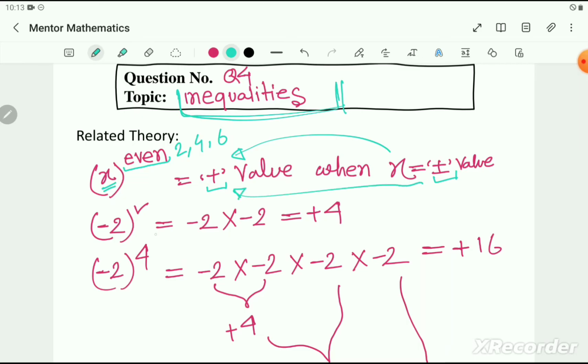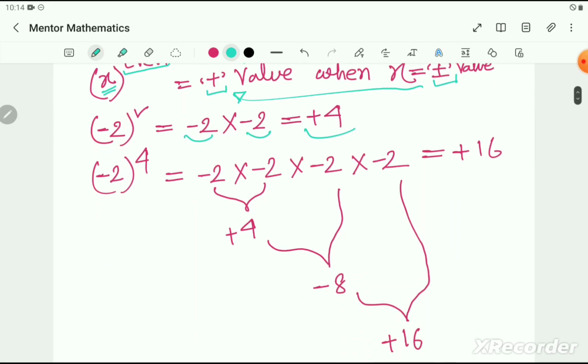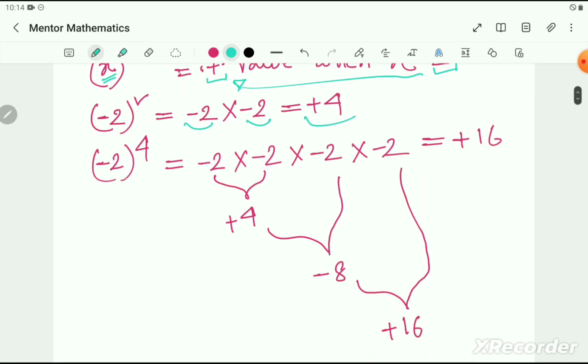How? Let's take a look here. For example, the value of x is negative 2 and its square equals minus 2 multiplied by minus 2, which is positive 4. And if the power is 4, we can consider it like this: four negative 2s multiplied by each other.